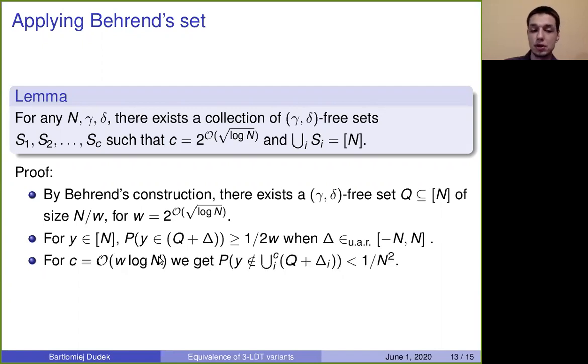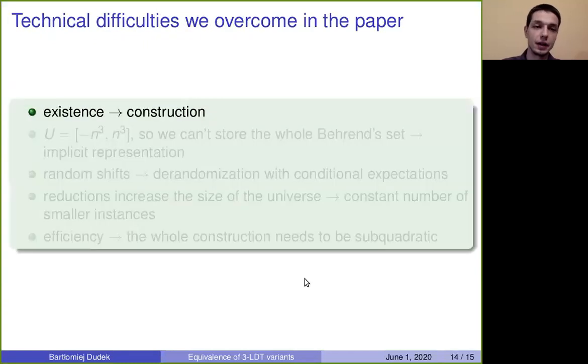We repeat this procedure c times log n times, so we have many random shifts, which will be the collection of sets. So we take one Behrend set and all its random shifts, and with that approach there is a high probability that the union of all these sets covers the whole universe.